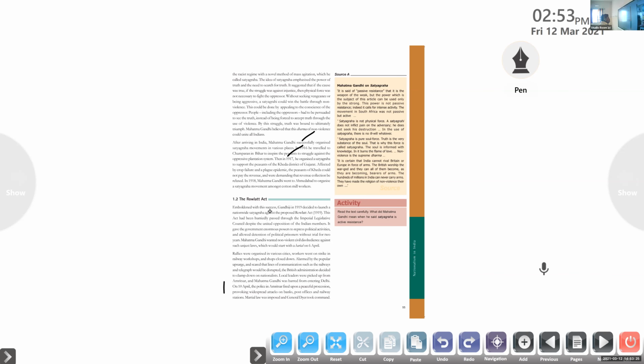The Rowlatt Act gave enormous powers to the government, I mean the police and the military, to arrest any political activists or political leaders and keep them in jail without trial for 2 years. Understanding or not?